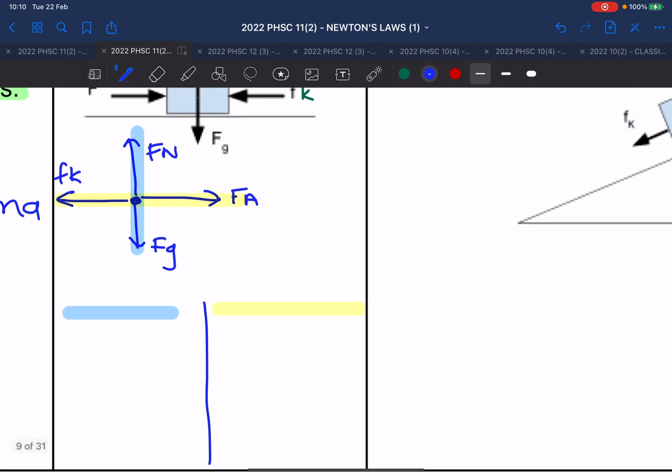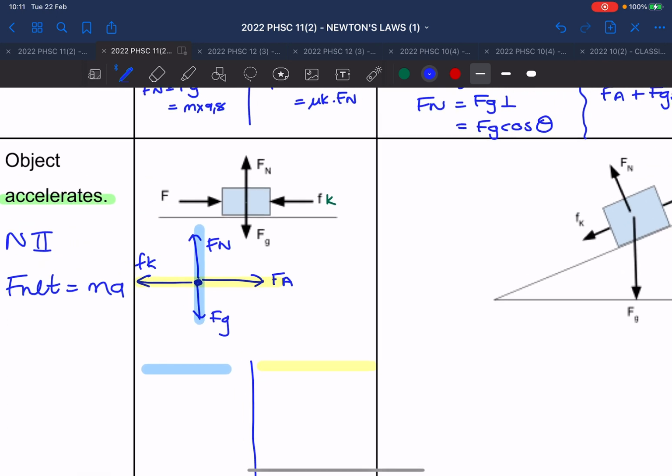Now, Jabu, in the vertical, is the object moving or accelerating up or down? Okay, think about what's going on here. Can you see someone is applying a force to the right? So someone is pushing it to the right, and thus it accelerates to the right. Now I'm asking about the up and the down. Is it moving up or down?